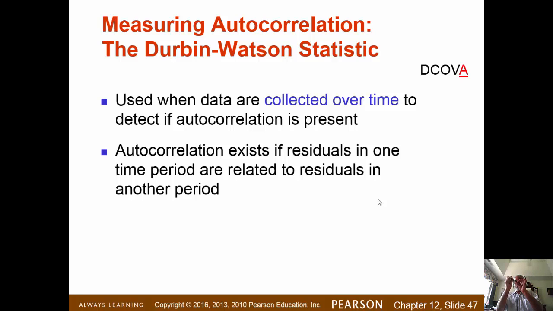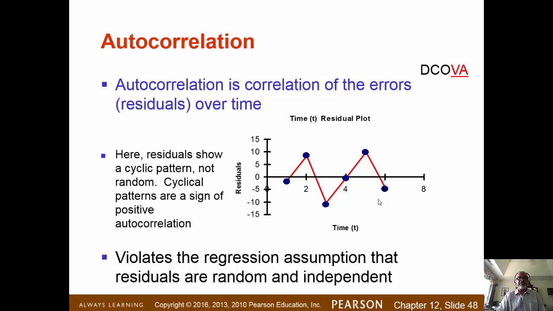If the residual from one period is correlated with the residual of the next immediate period, that means there is correlation over time between the residuals. So the residuals are not independent. The residual in one period has an impact on the residual in the next period. So that's what autocorrelation is.